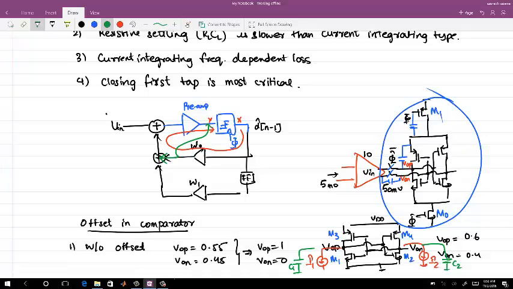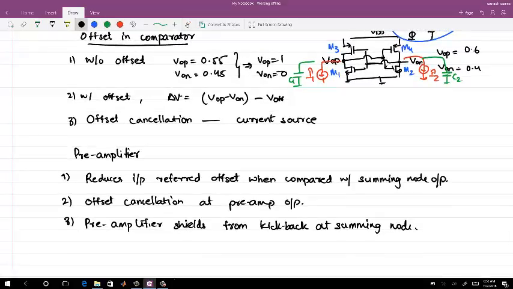No, for all other taps, I am still going at the input. If I connect all other taps to the same output of the preamplifier, then again the same loading will happen. So all other taps, I am still making the same V-sum path, but for this particular tap, I will go through the closest path. So let me just draw that.